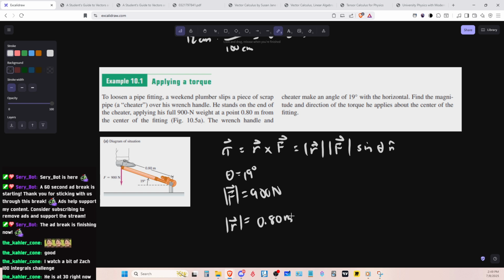Alright, so I guess they want us to calculate this. Hopefully I can do this, at least. And sine of 19 degrees. And then the torque comes out to be 240 newton meters.